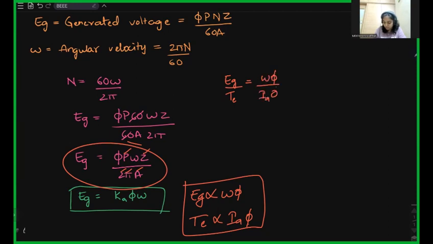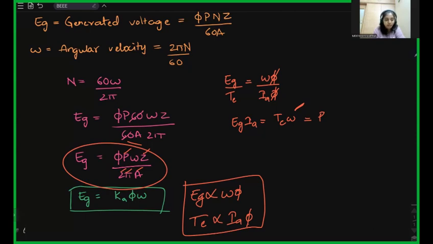So phi gets cancelled, and Eg into Ia equals torque into angular velocity. And as we know, torque into angular velocity is the mechanical power generated, which is also equal to Eg into Ia.